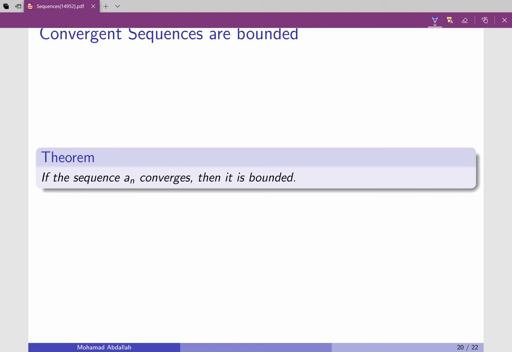Now, if the sequence an converges, then it's bounded. Here I want to show you a very nice, a very important example, and this proves that the converse of this theorem is false. So note, and this is very important, caution.